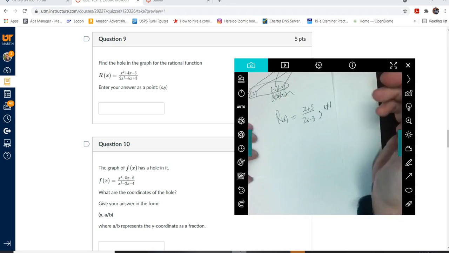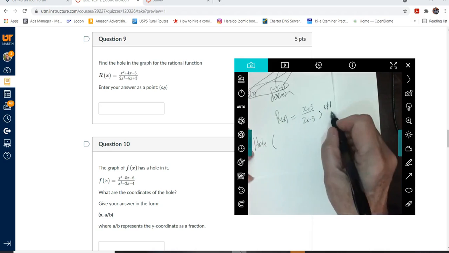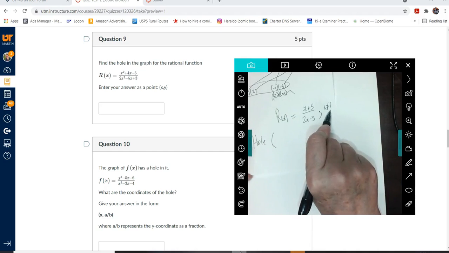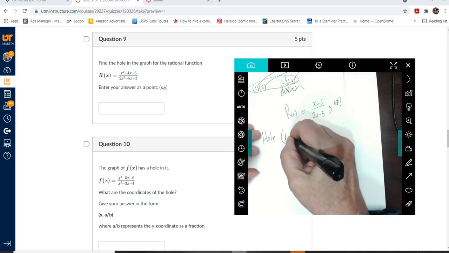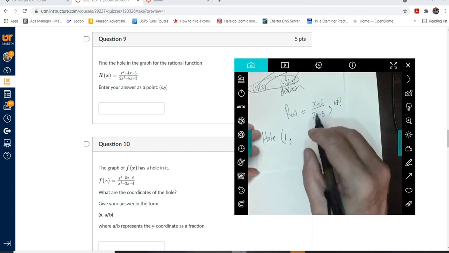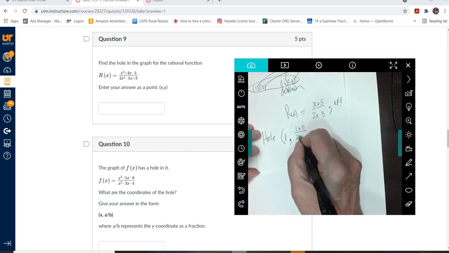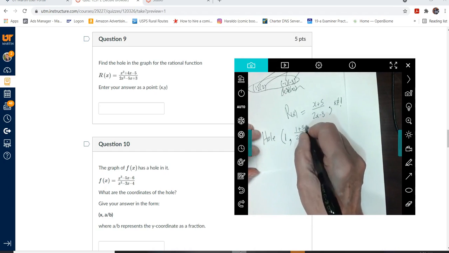Whenever there's cancellation, there is a hole. What is the x-coordinate? It's that number there, 1. What is the y-coordinate? You plug 1 into the reduced form. So everywhere there's an x, you replace it with 1 in the reduced form.